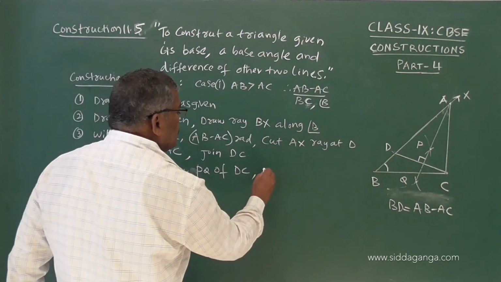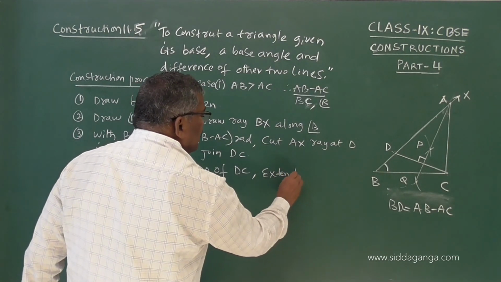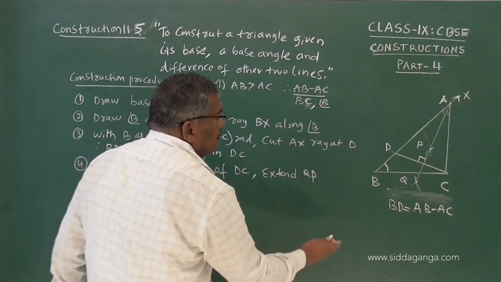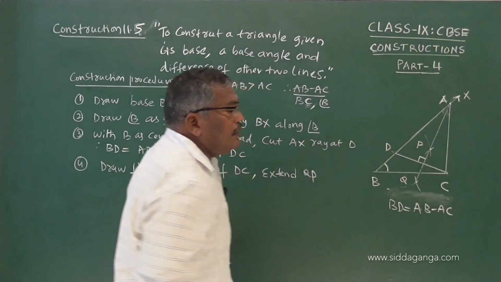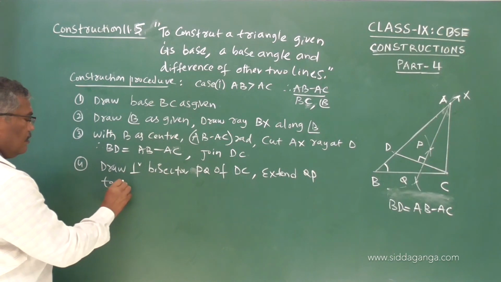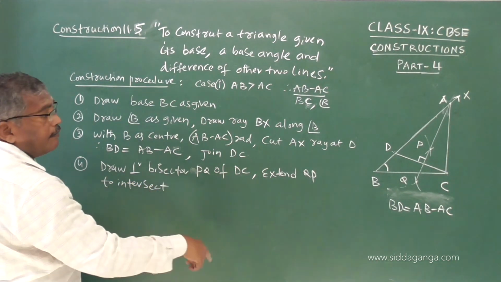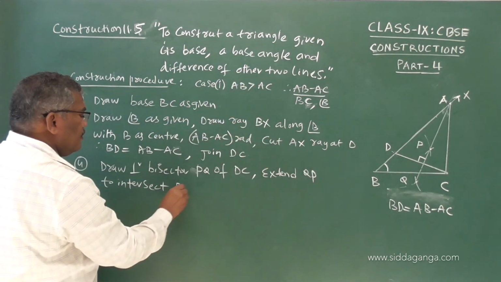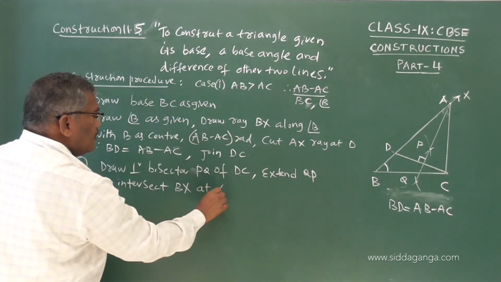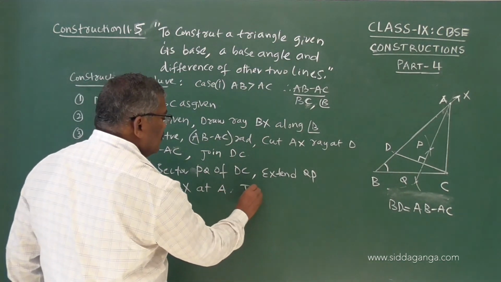Then extend QP in the reverse direction, to intersect BX at A. Join AC.